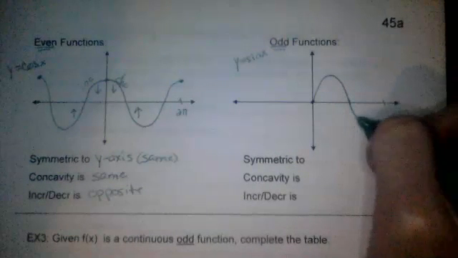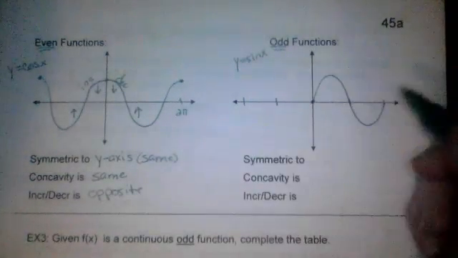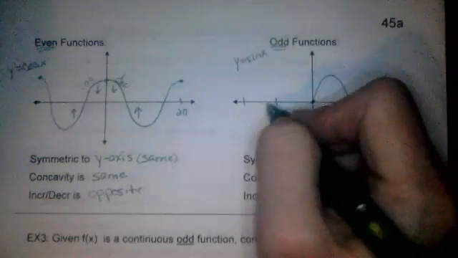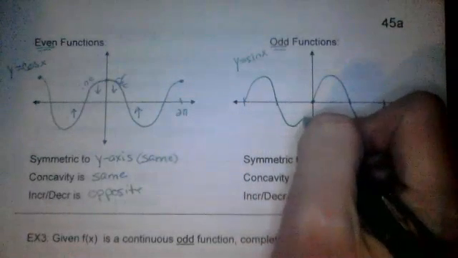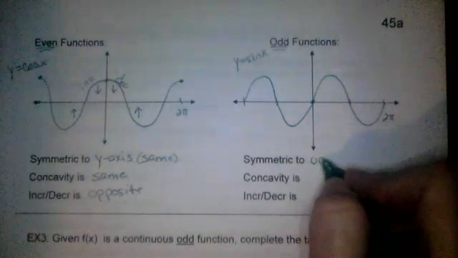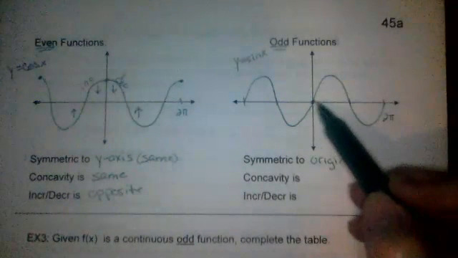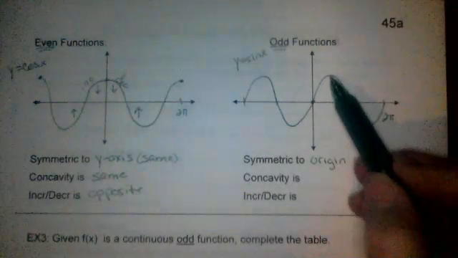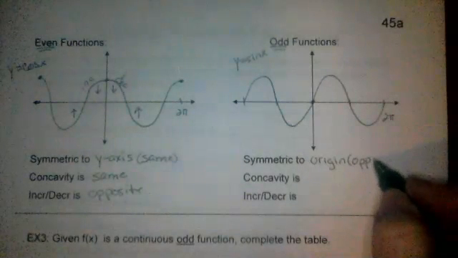So a sine graph looks like that from 0 to 2 pi. This one, of course, is symmetric to the origin. And if we look, points of the same distance away on this graph are opposite each other.